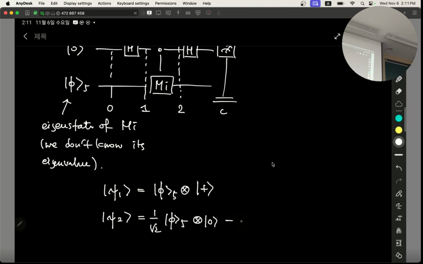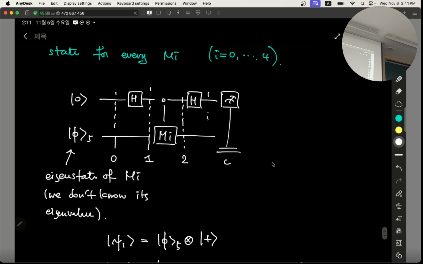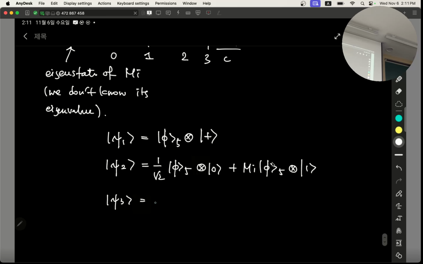If it is 1, then I apply mi to psi5. That's what happens. Then at the third stage, I apply Hadamard again. So it becomes 1 over square root of 2, v5 tensor plus, mi v5 tensor minus.